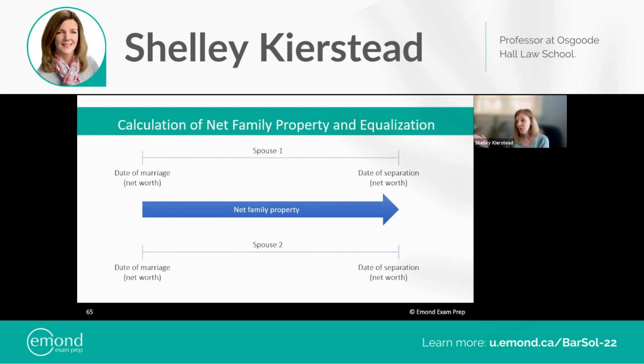And then we're also going to look at the party's net worth at the date of separation. So this is how we come up with each party's net family property.